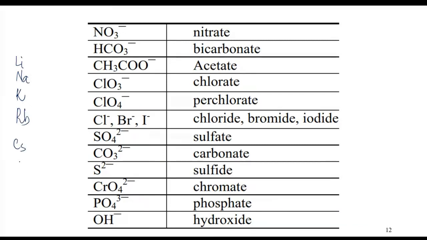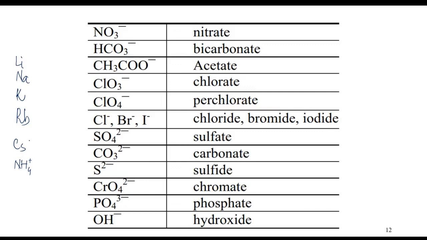Also francium, but we shall not discuss francium because it is radioactive. But also ammonium. Ammonium ion is not present in the periodic table, but you will consider it is also present in the first group with these metals.